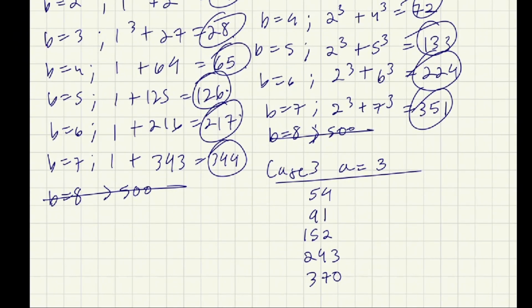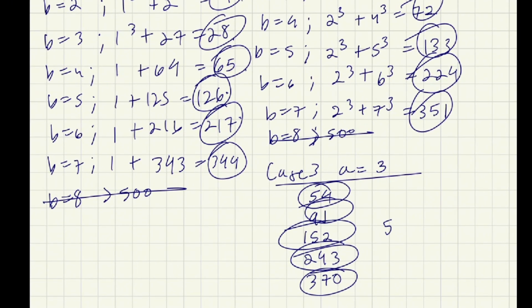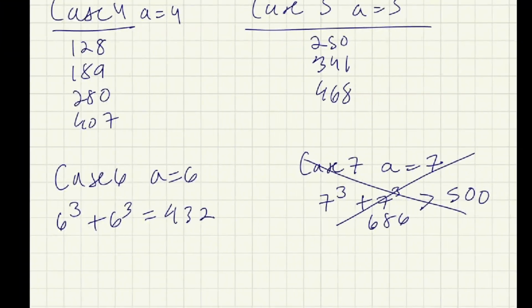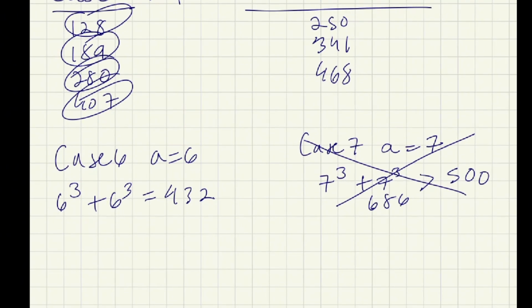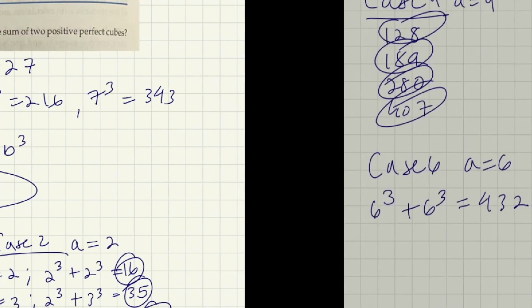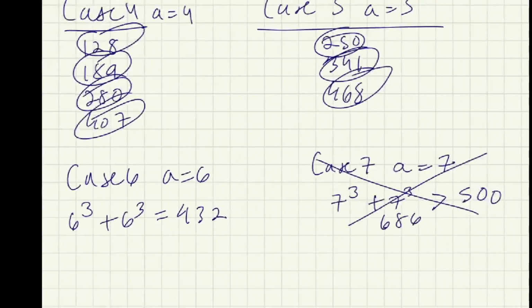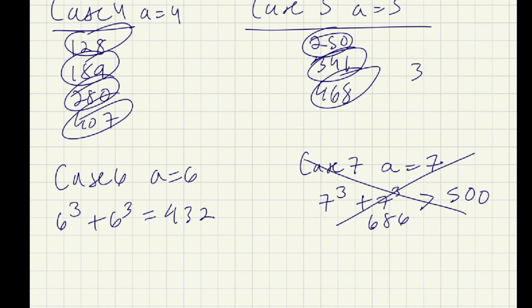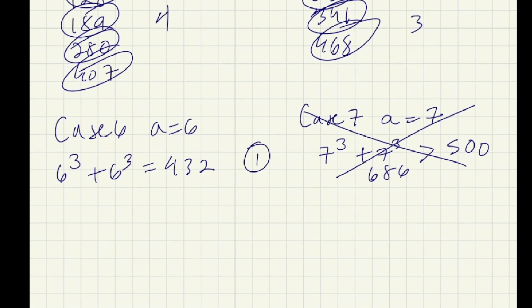For case 3, we have 1, 2, 3, 4, 5: 5 solutions. For case 4, we have 4 solutions. For case 5, we have 3 solutions. And for case 6, we have just one singular solution.